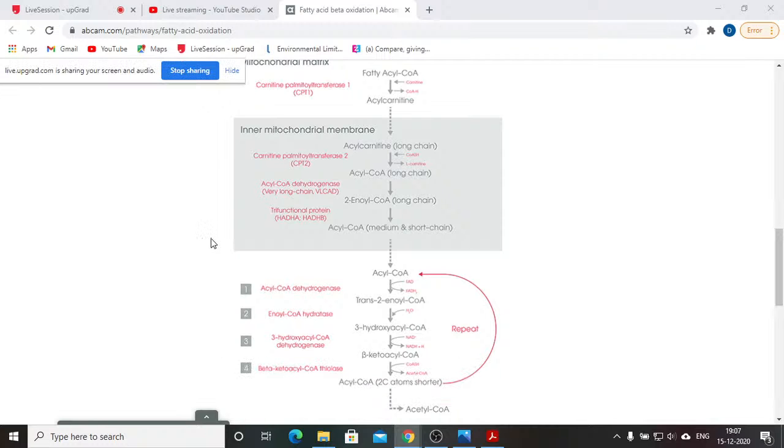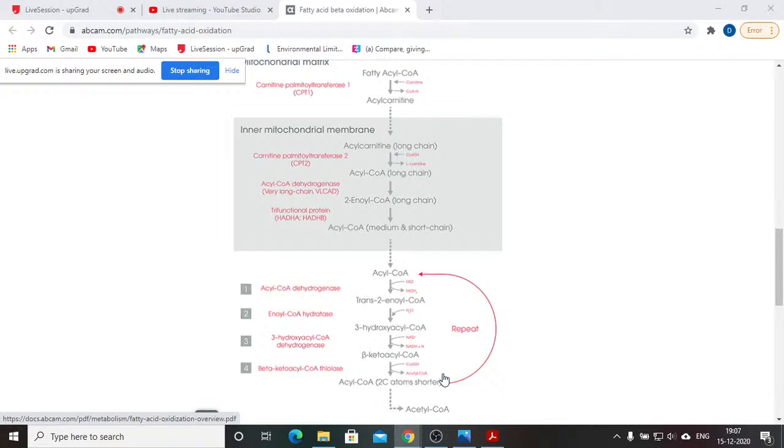And an acetyl CoA comes out, and if it is 16 carbon, this becomes a 14 carbon, as in the previous day's class, and this cycle repeats and repeats. So, how many acetyl coenzyme A will be formed if the fatty acid is 16 carbon long? In each step of beta oxidation, 2 carbons go out.